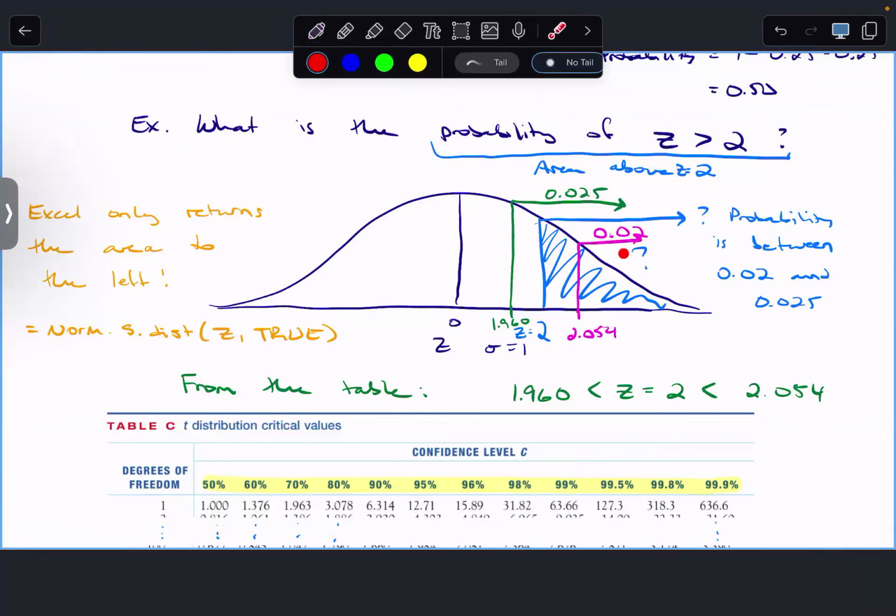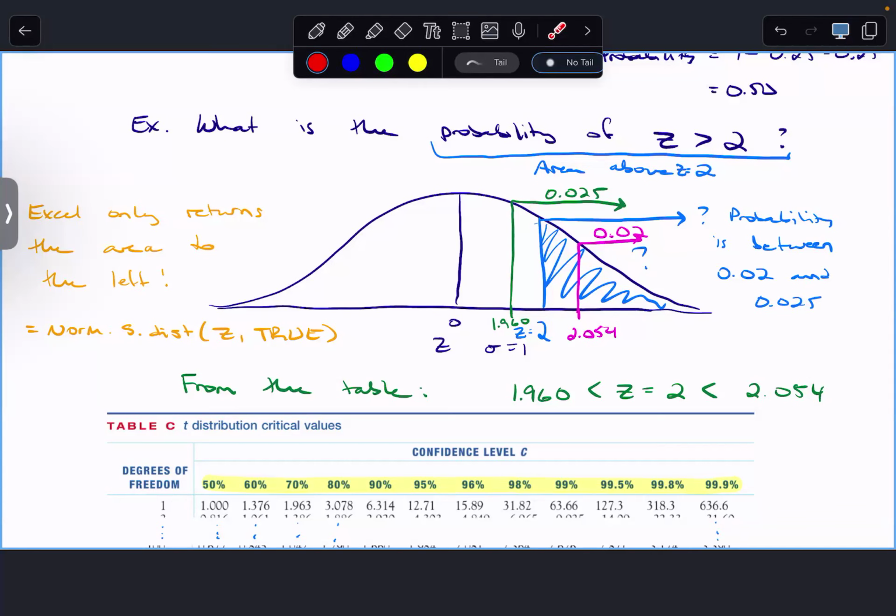Well, all we were able to say with the table and on a test is that it's somewhere between 0.02 and 0.025. Notice that this is a slope, so we can't just go halfway between them, because that's not how areas work if there's a slope, right?